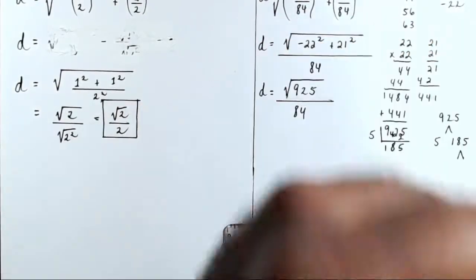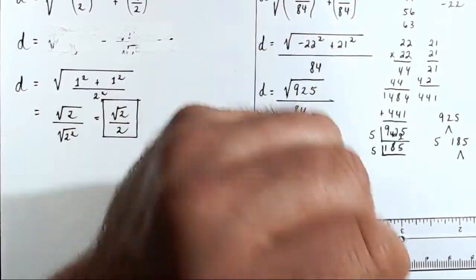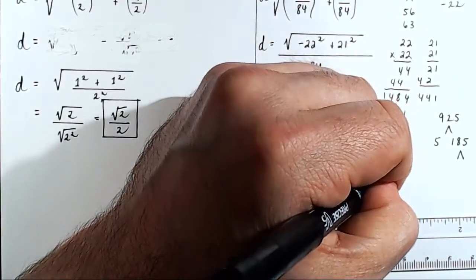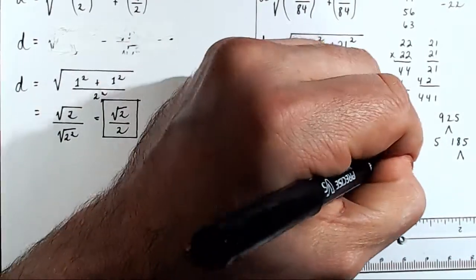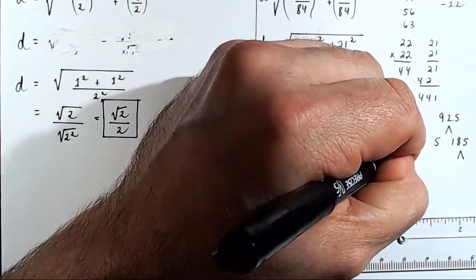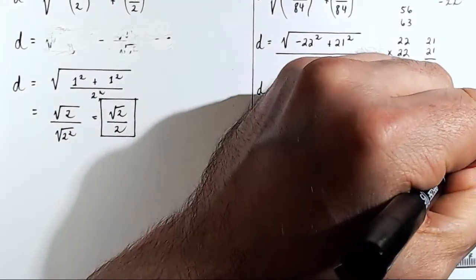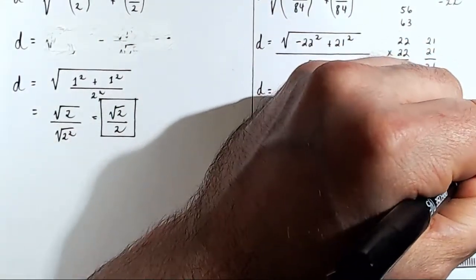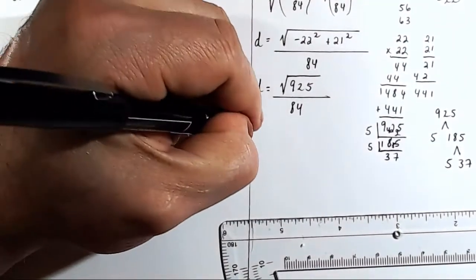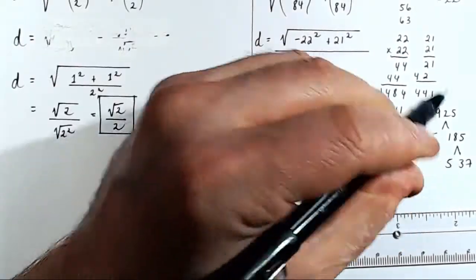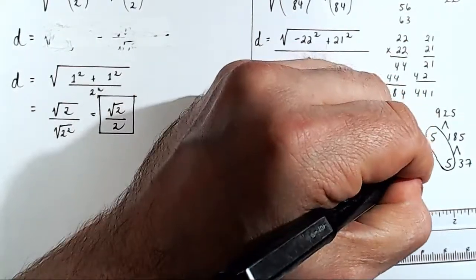And I know that's divisible by 5, so we'll divide by 5 again. 5 goes into 18 3 times with 3 as a remainder. 5 goes into 35 7 times. So 5 times 37. Okay, we're still in business. So I've got a pair of 5s here, so that means this is 5 squared.